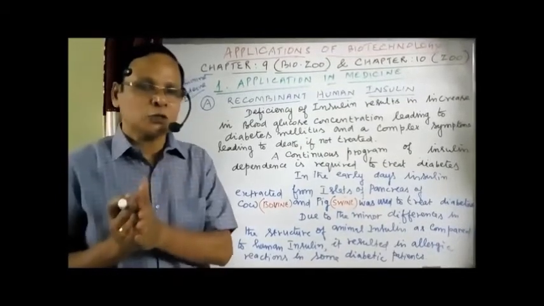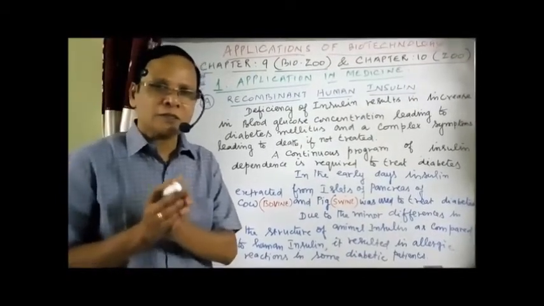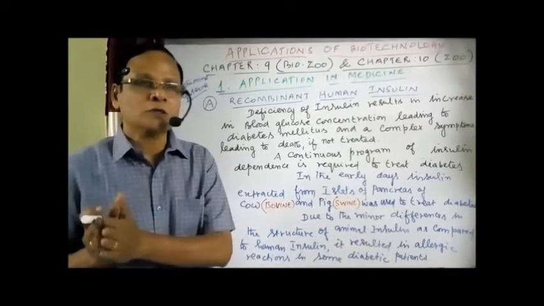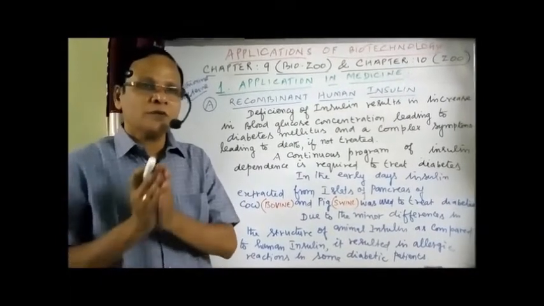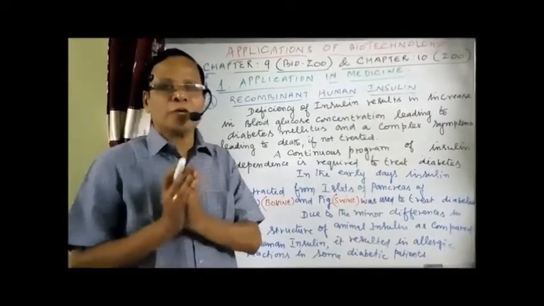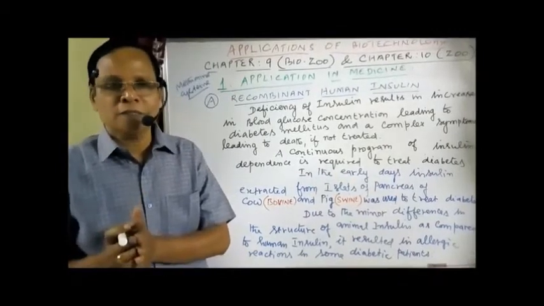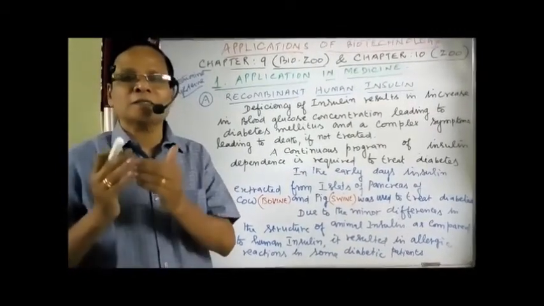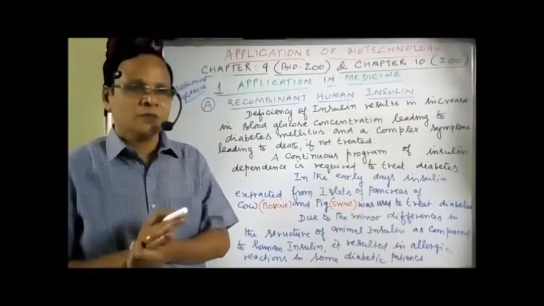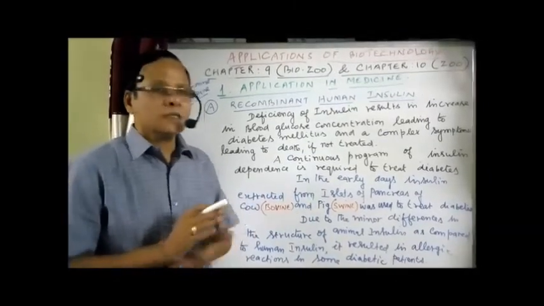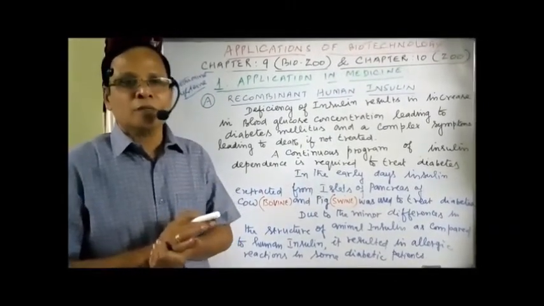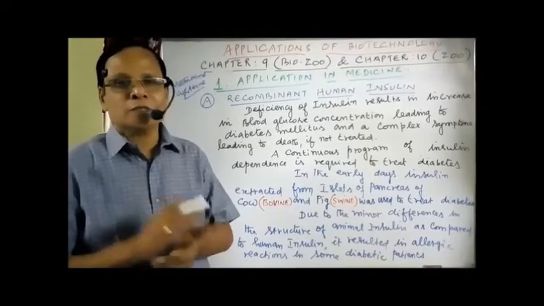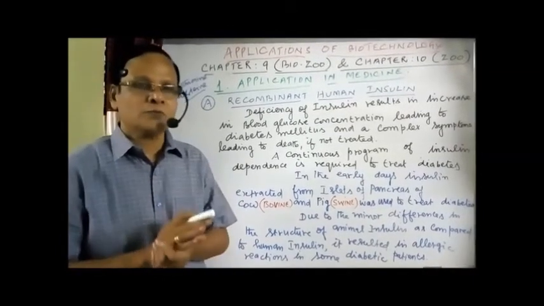The animal insulin is slightly different from human insulin. So when it is given to a patient with diabetes, in some cases allergic reactions resulted. So there was a need to develop a new technology for the production of insulin hormone.